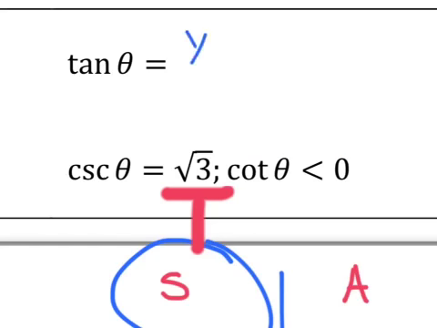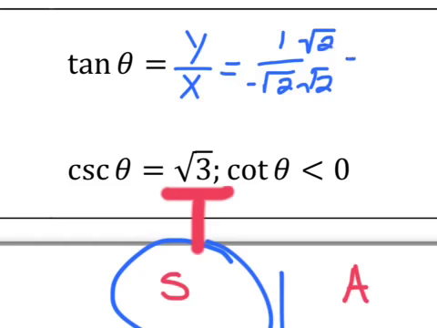Remember, tangent is y over x, and that means we've got 1 over negative square root of 2. You rationalize your denominator with the square root of 2, and it's going to be negative square root of 2 over 2.